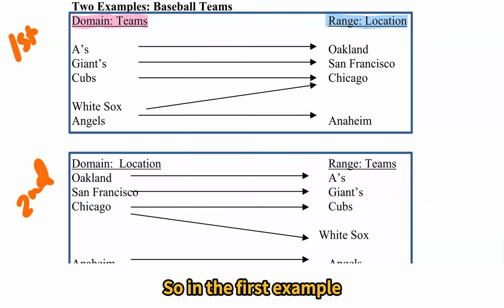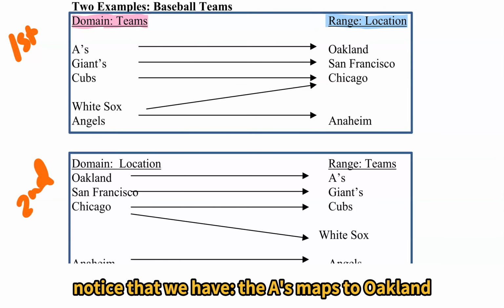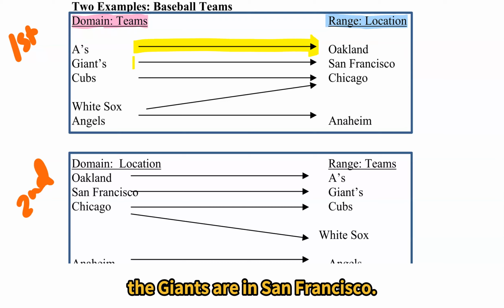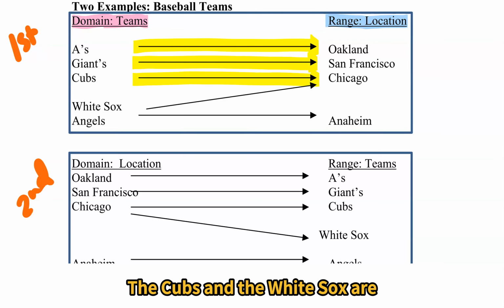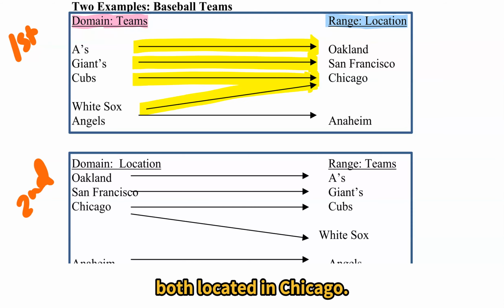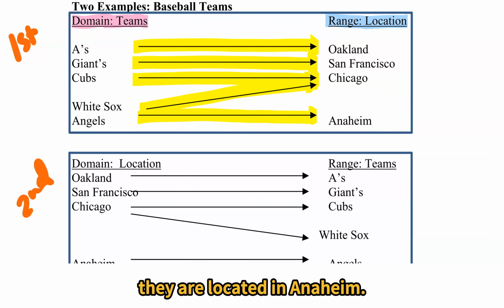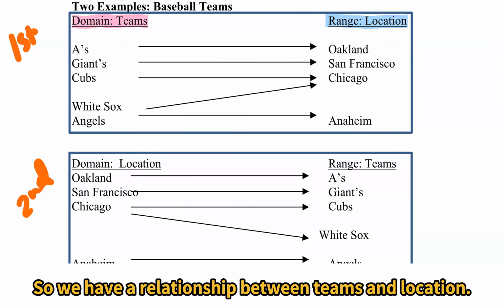So in the first example, notice that we have the A's mapped to Oakland because the A's are in Oakland. The Giants are in San Francisco. The Cubs and the White Sox are both located in Chicago. And then the Angels, even though they may be the LA Angels, they are located in Anaheim. So we have a relationship between teams and location.